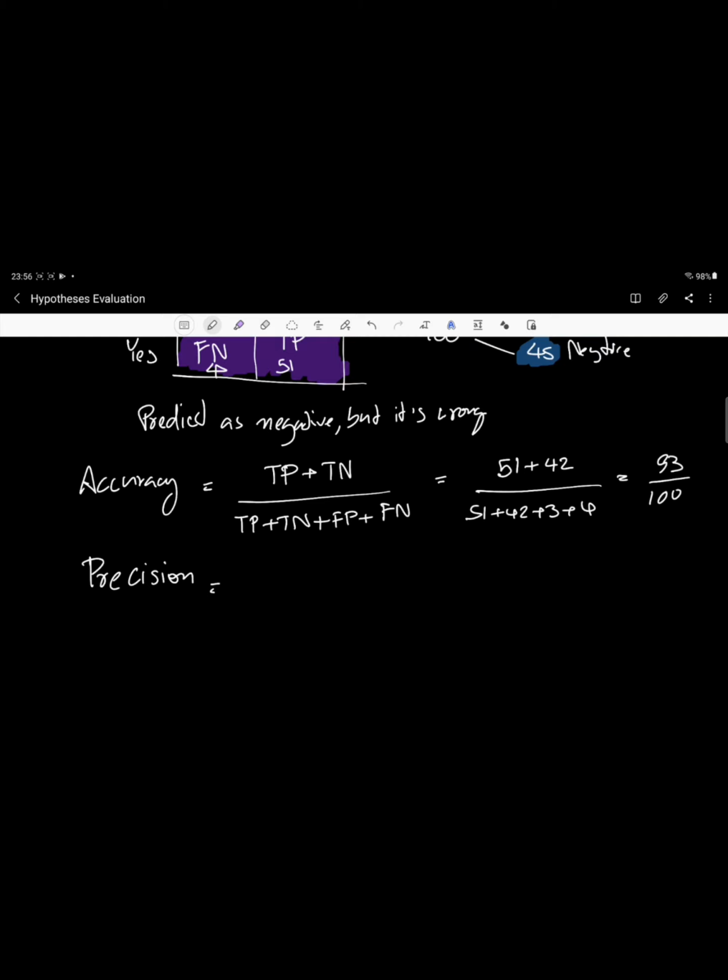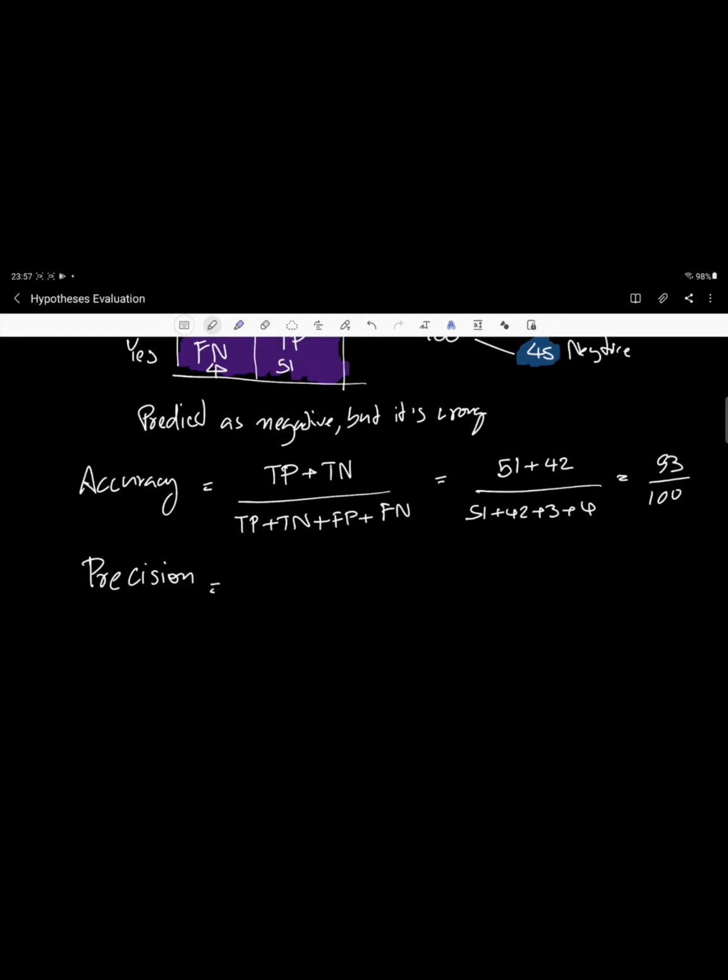Maybe it's class A and class B, so it will be the precision of each class. If you think about the precision of each class, it means that from our result for that class, how many of them are correct.